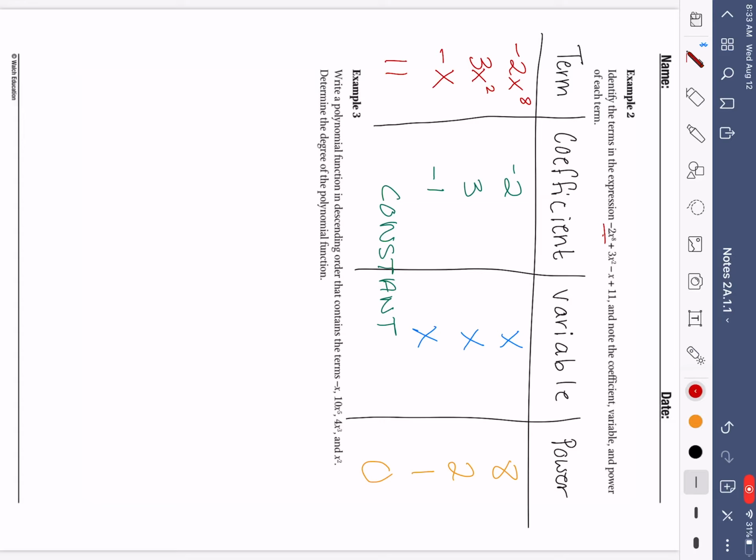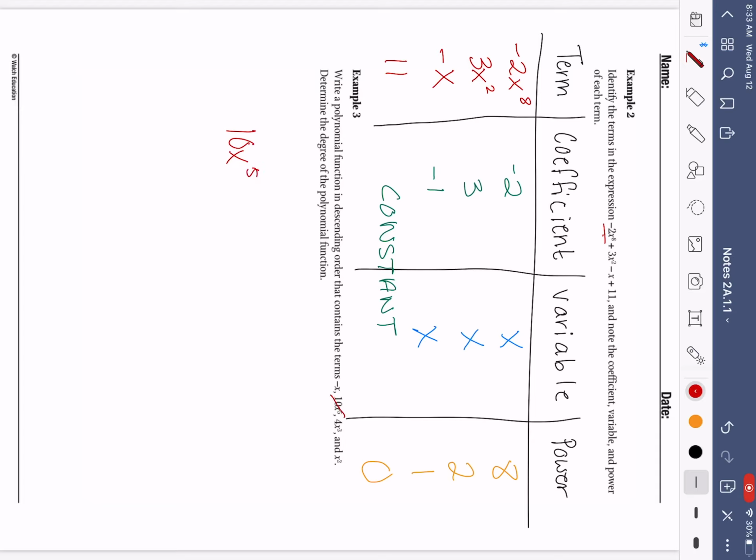All right, next one, it says example 3, write a polynomial function in descending order that contains the terms negative x, 10x to the 5th, 4x cubed, and x squared. Determine the degree of the polynomial function. So we always go in descending order, starting with our highest exponent. The highest exponent I see is 10x to the 5th, so that's what I'm going to write first.